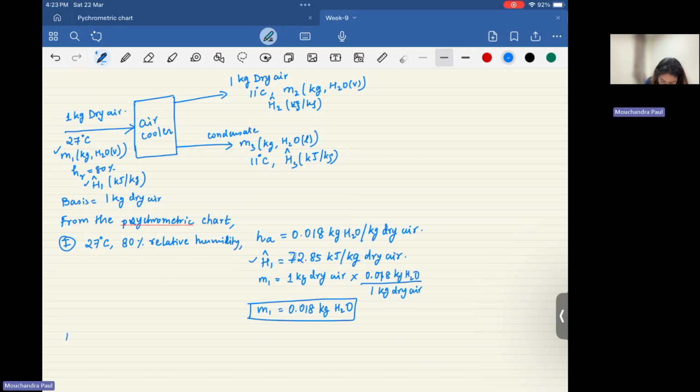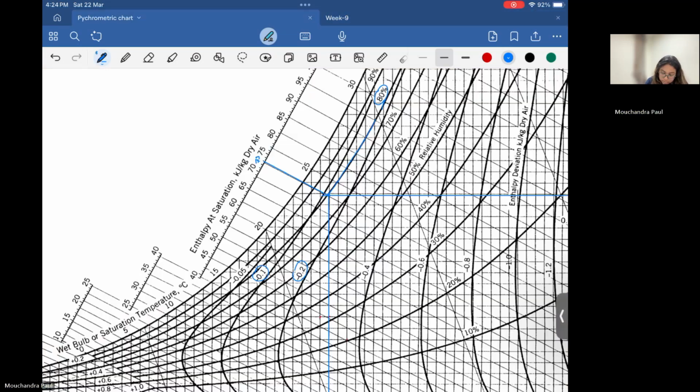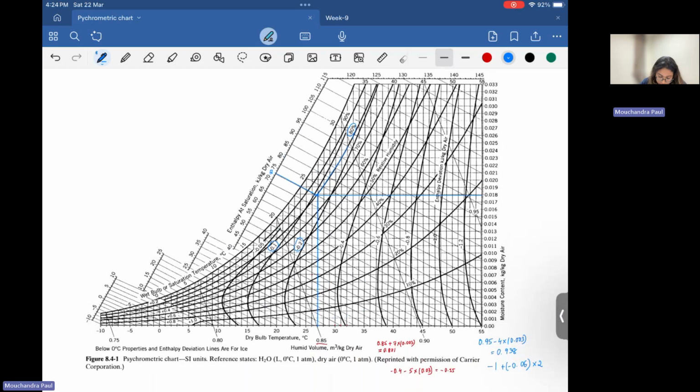Next for condition 2, at 11 degrees Celsius. Now here 1 kg of dry air is there, but it is cool, like completely saturated with humidity, which is why the relative humidity that we'll consider is 100% or saturated. So at this condition, HA is 11 degrees Celsius.